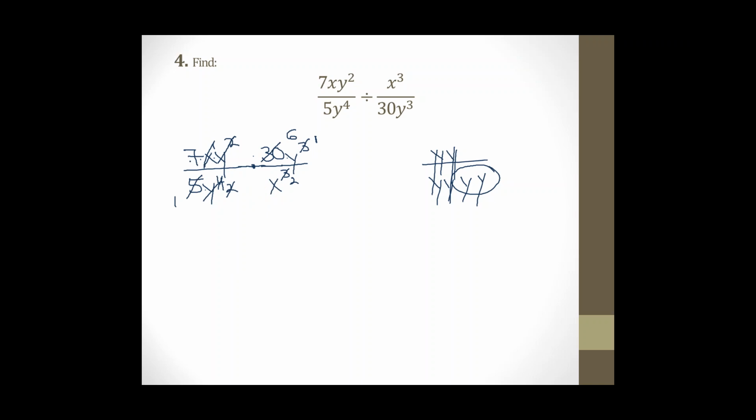I got a 7 right here and a 6. This is all multiplication, so 7 times 6 is 42. Then right here I got a y to the 1 power, so that's just a y. In the denominator, the 5 is gone, the y is gone completely, and right here I got an x to the 2nd power left.